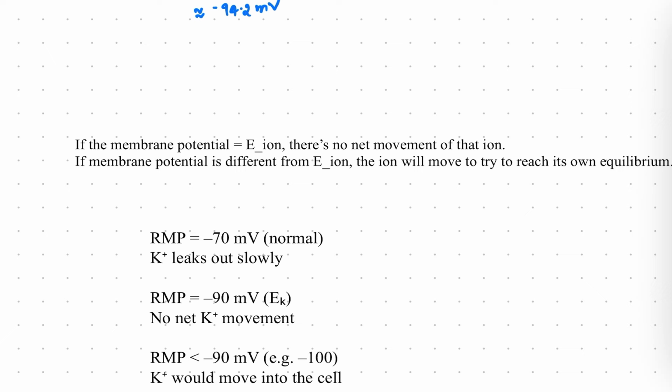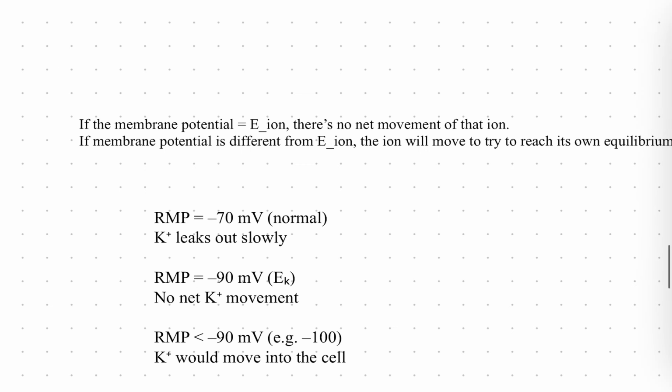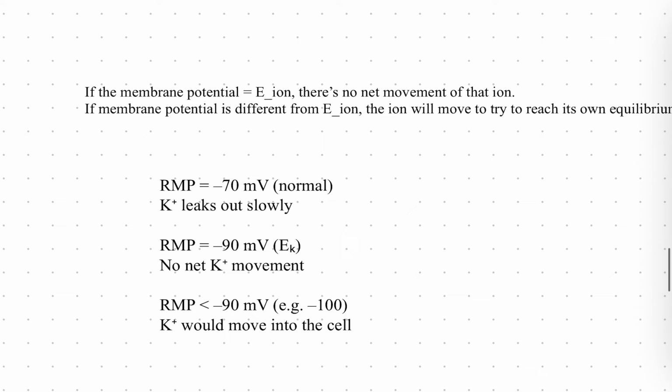So potassium will leak out slowly to reach its own equilibrium potential. Because the resting membrane potential is minus 70, it still has to lose its positive charge to reach the minus 90 level.